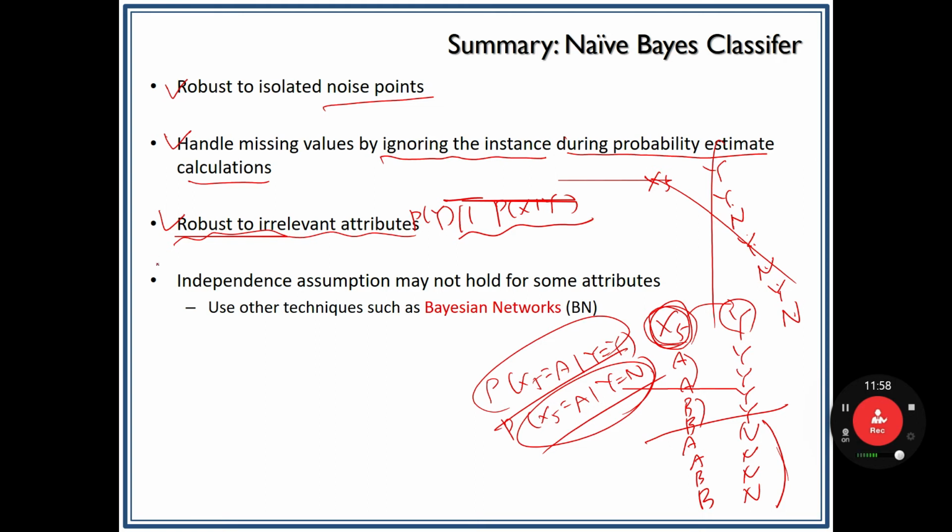And the other one is a disadvantage of the naive-Bayes classifier. Because we take the conditional independence assumption, if the independence assumption does not hold for some attributes, meaning some predictor variables x1, x2, x3 are highly correlated, then the performance of the naive-Bayes classifier may not be good.